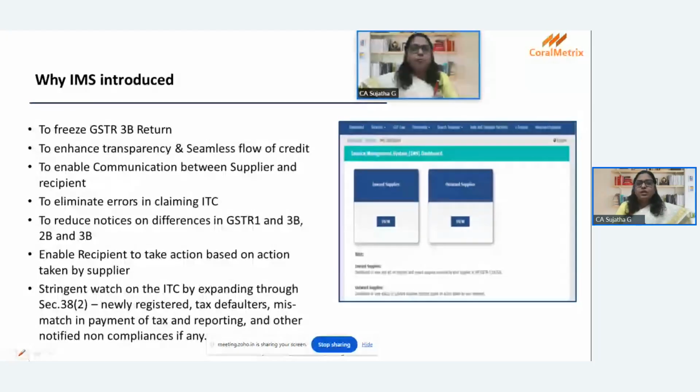Whatever comes in 2B, you have to do your own reconciliation and then verification from GSTR 2B, comparing it with IMS, whether it relates to you, whether it does not relate to you, is it eligible credit, or can you avail the input tax credit, or where it has to be reported. All of these things are to be verified before availing the input tax credit in the GSTR 3B.